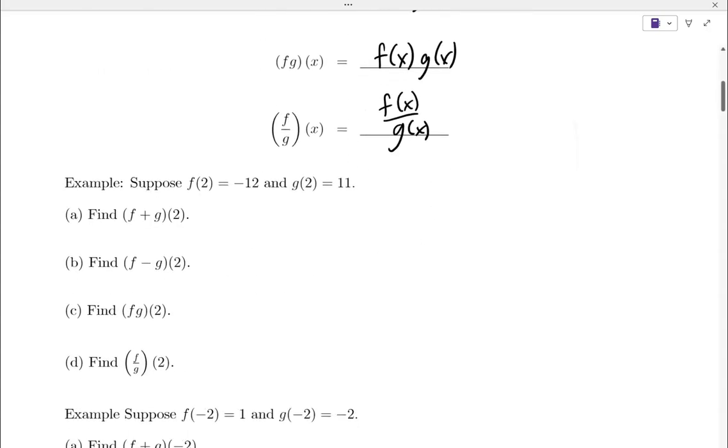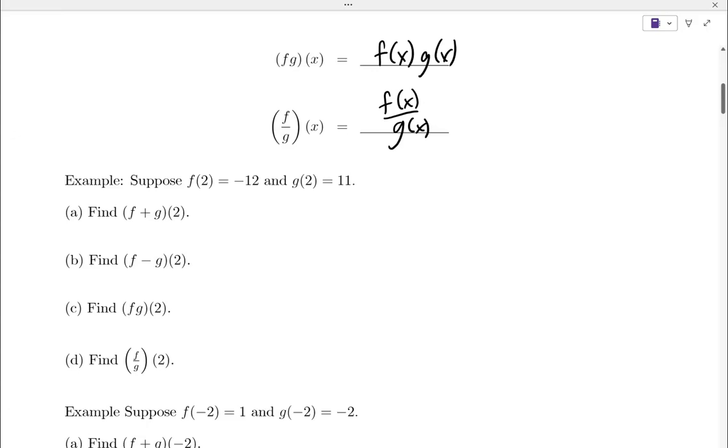So for this first example, we have arbitrary functions f and g, except for the fact that we know what the output is when we plug in 2 for f, and we know what the output is when we plug in 2 for g. So according to our definitions, if I want f plus g of 2, what should that be equal to?